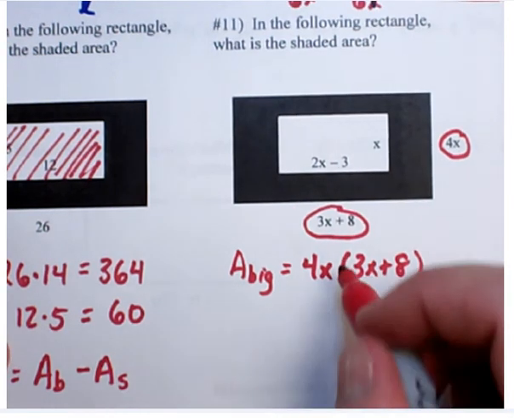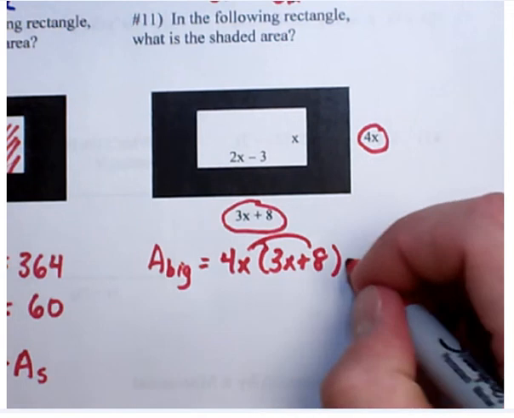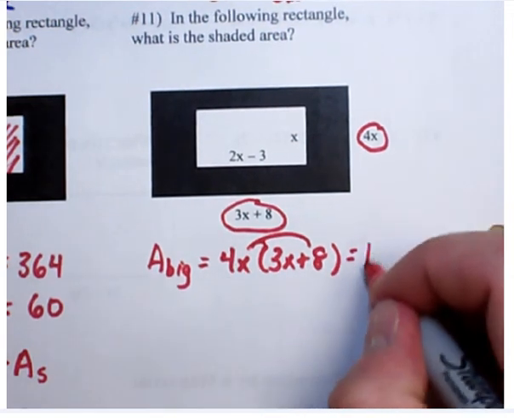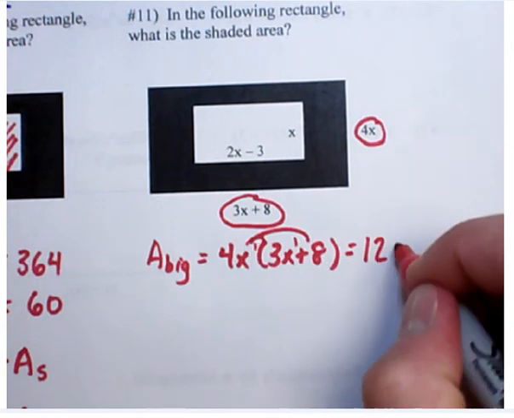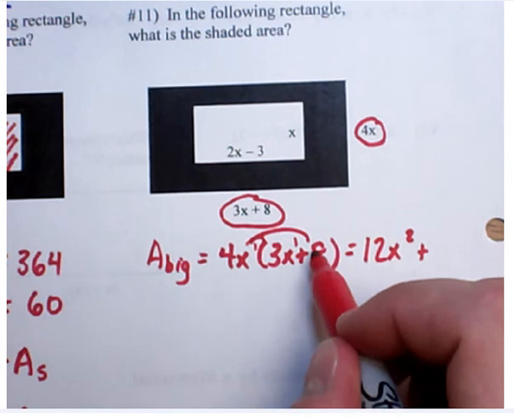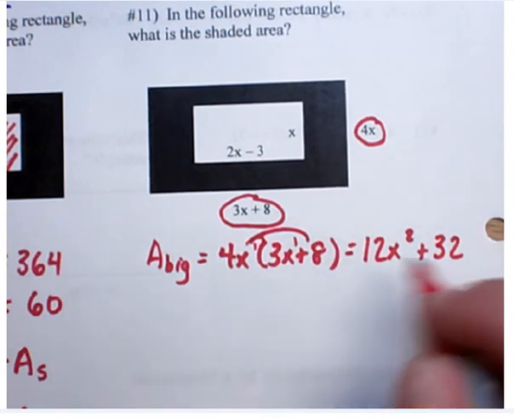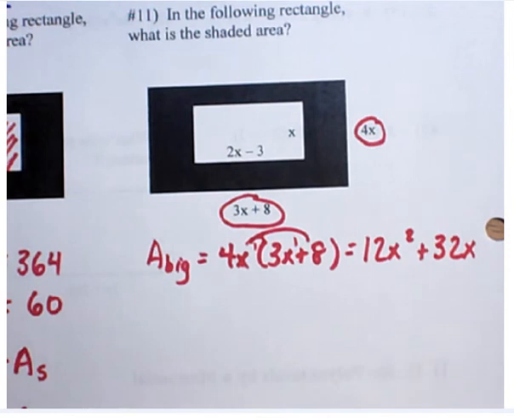The 4x has to multiply both of these. So we distribute, and we get 4 times 3 is 12. X times x, you add the exponents, that's x to the second, plus 4 times 8 is 32x. That's the area of the big rectangle.